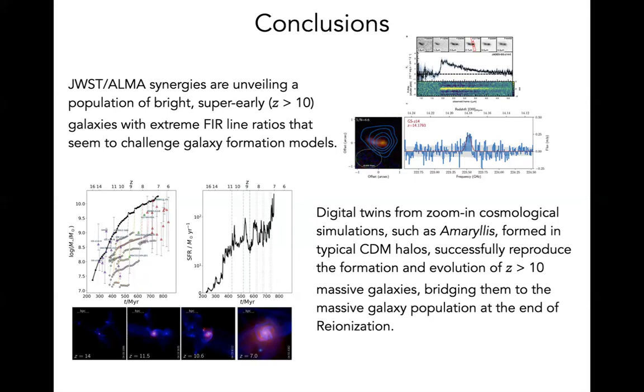I'm just saying that with lambda CDM physics, and making assumptions mostly on the ISM side, you can try to reproduce the galaxy. But if you want to reproduce the luminosity function that they are finding, that's another thing. For that, I wouldn't go with zoom-in simulations. You need multiple regions of the universe.